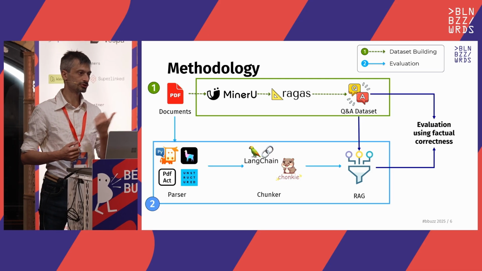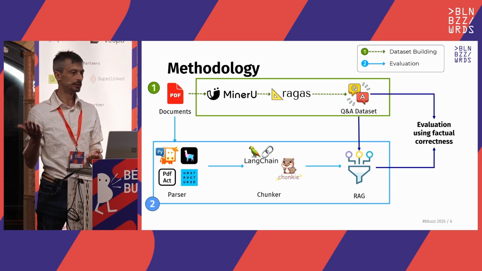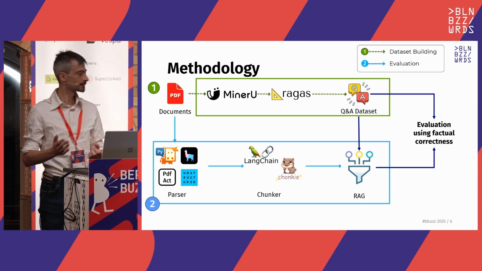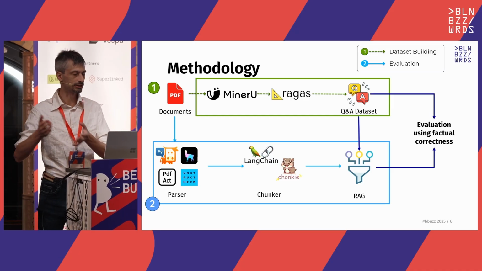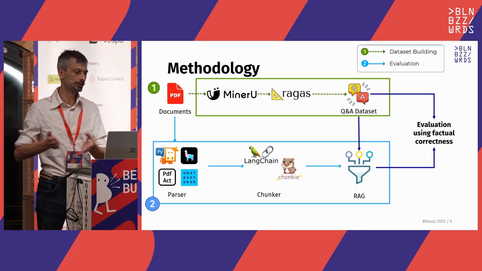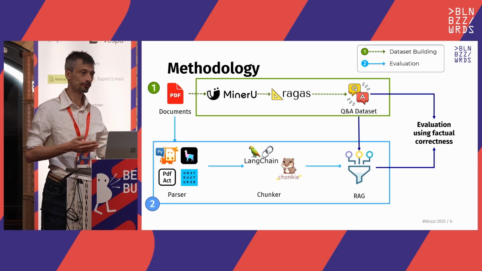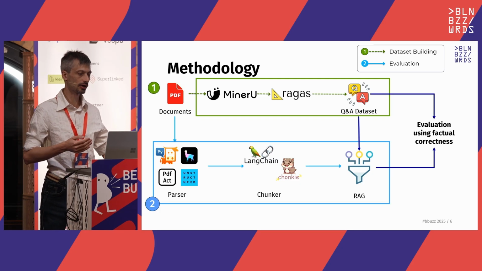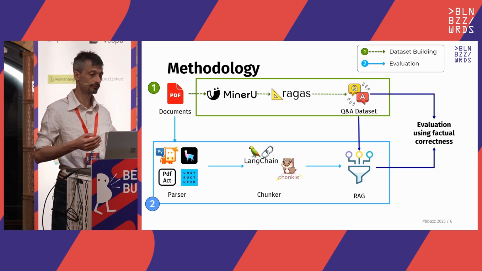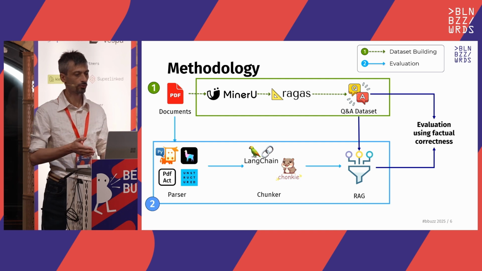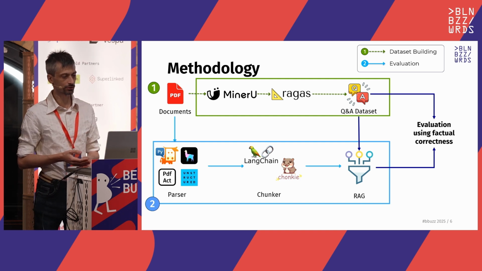But what about the first part? Let's flip it, and consider using the same techniques as evaluating the answer, but changing what's in the first part of the pipeline: how we extract the information from the PDF using the parser, and how we actually chunk this information.